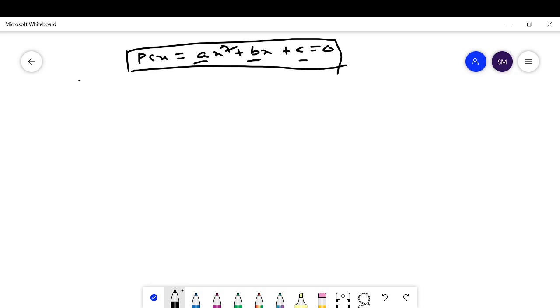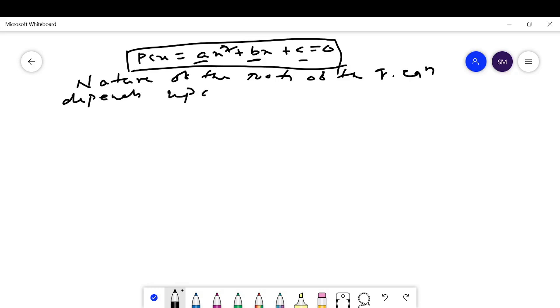Here the nature of the roots, in my last class I discussed with you the Sridharacharya formula. The nature of the roots of the quadratic equation depends upon the value of D. What is D?